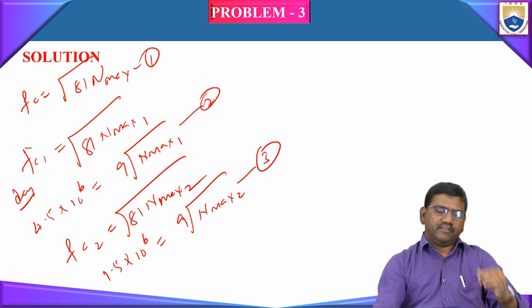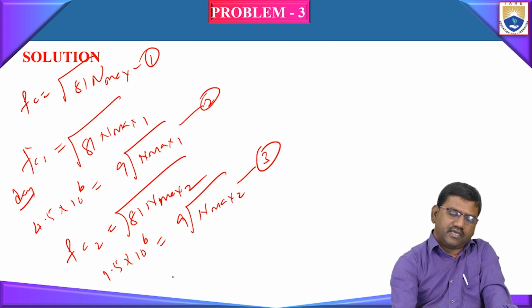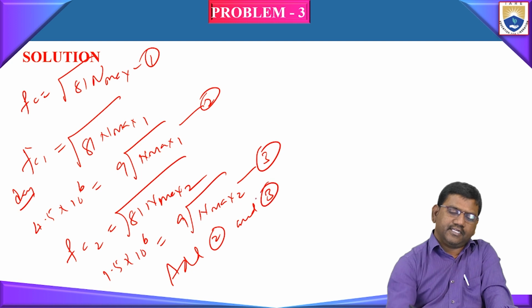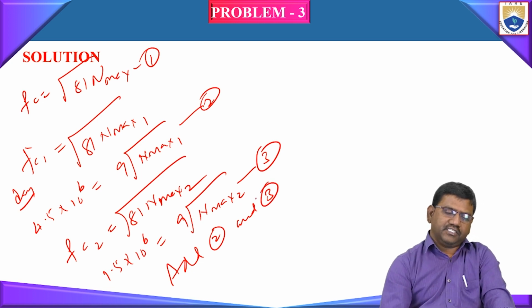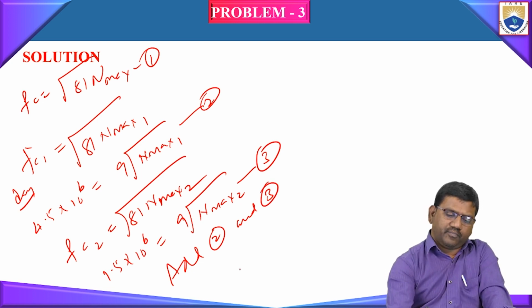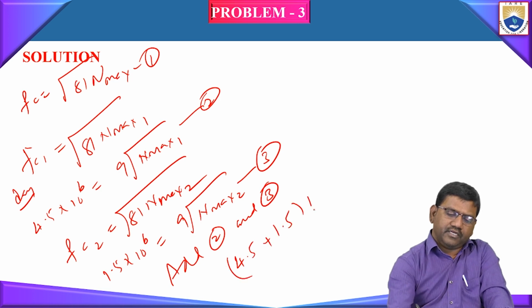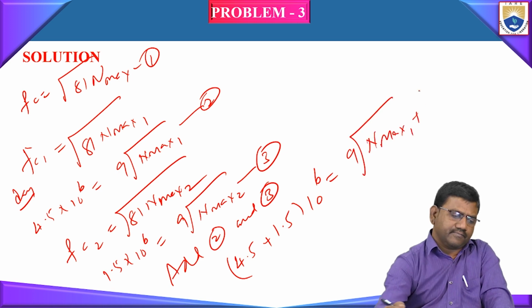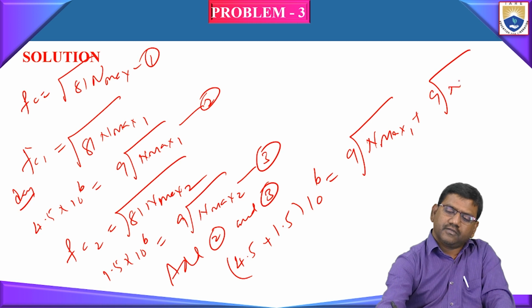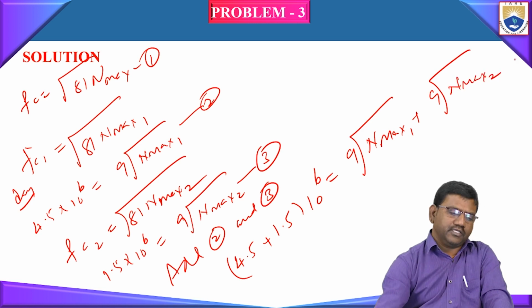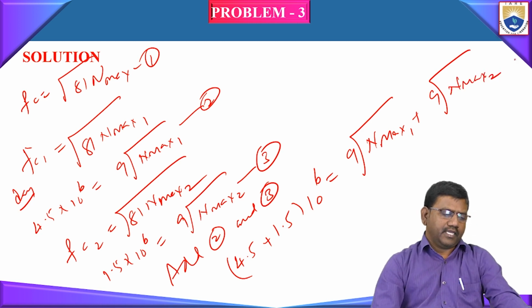Now let us add equation 2 and equation 3. If we add these two, we will get 4.5 plus 1.5 into 10 power 6 is equal to 9 root n max 1 plus 9 root n max 2 here.